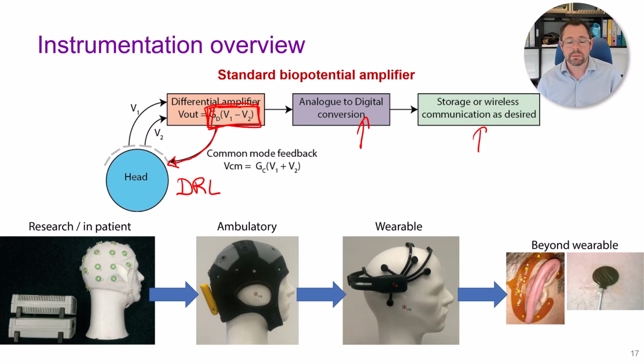Now, what you can also see on the screen here is some of the evolution of EEG instrumentation over time. EEG units used to be very physically big. They used to have a pen writer rather than storing and displaying the data digitally. Over time, with advances in computers and electronics, these things have become more and more miniature. Larger ones still have a lot of use, because sometimes it's useful to be able to record more than just the EEG.